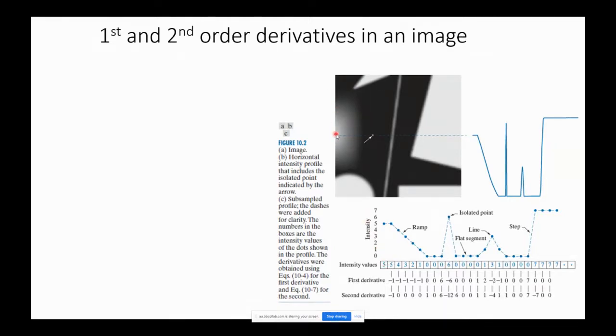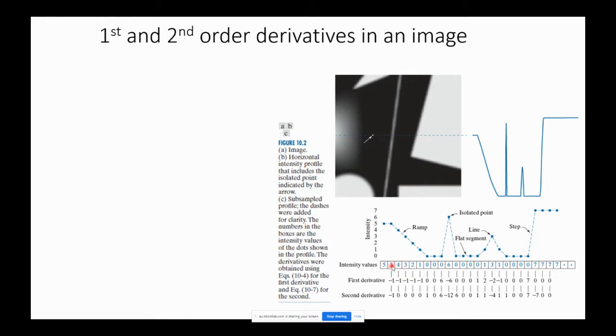So 5, 5, very white, and then goes down to 4, 3, 2, 1, 0, 0. That's this part of black here, and then there is a peak here. That's the isolated white point. That's right here, right? If you look at the first derivatives of that, we see that there is a change of 1 here.